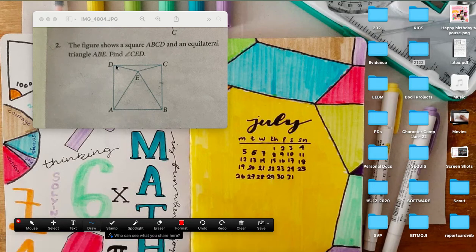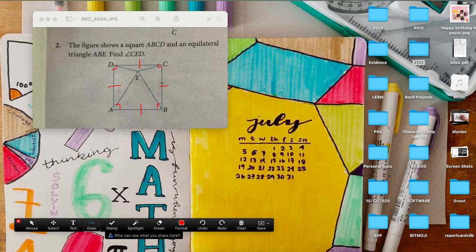Since ABCD is a square, all the sides of a square are equal in length, and each interior angle is 90 degrees. It is also given that ABE is an equilateral triangle.